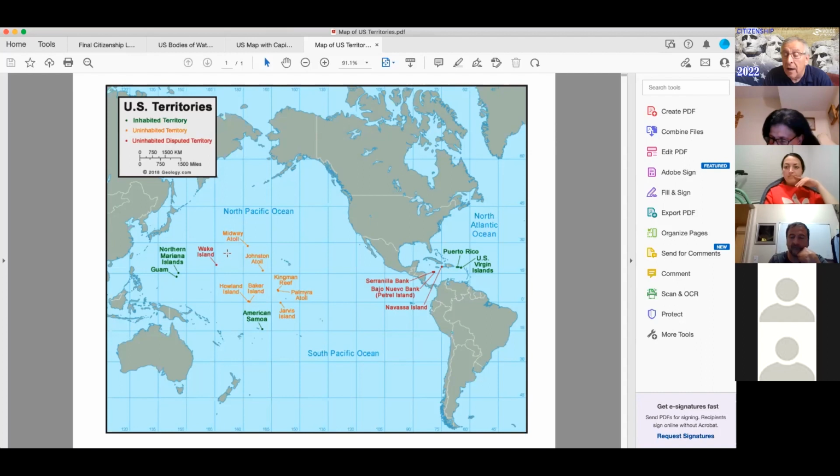If you owned a home in New York, you would have, so to speak, a territory there that you own, as well as what you own here in California. The territories are not close by, they're far away. There are American citizens living in those territories, but they're not part of the United States, they're not states.